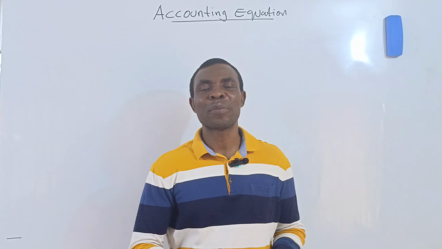Sometimes it could give you a loss. That will be when the expenses are greater than the income, the result will be a loss. But when the income is greater than the expenses, the result will be a profit. This is also an accounting equation.